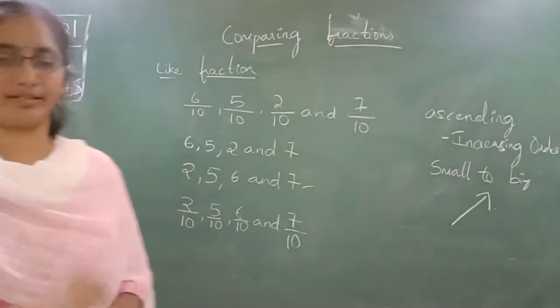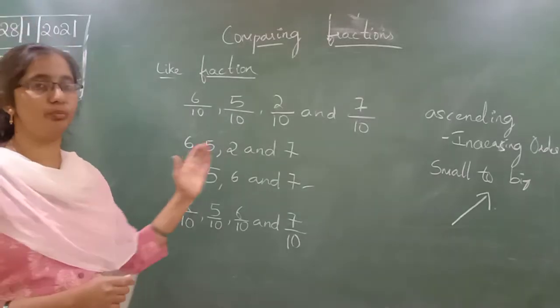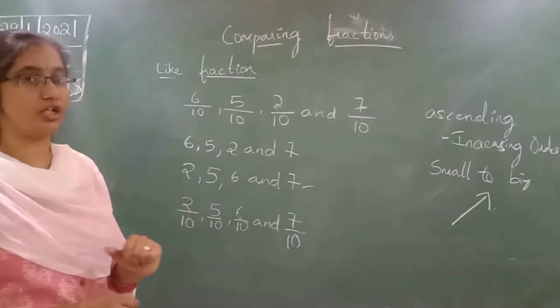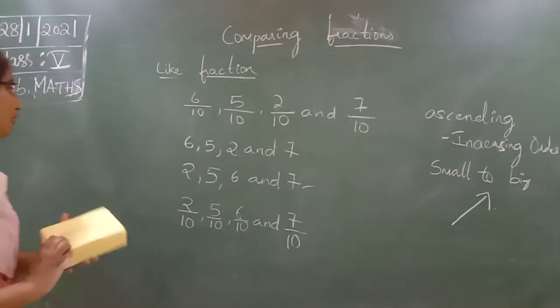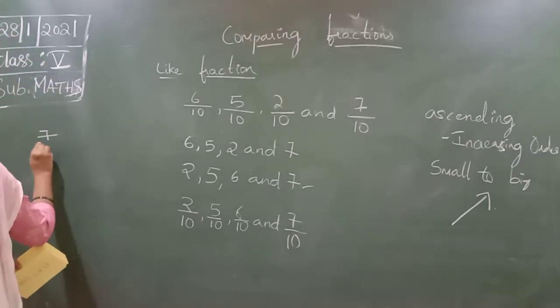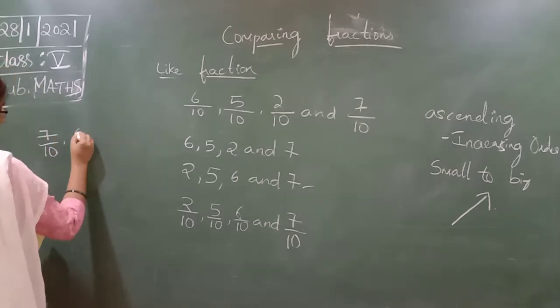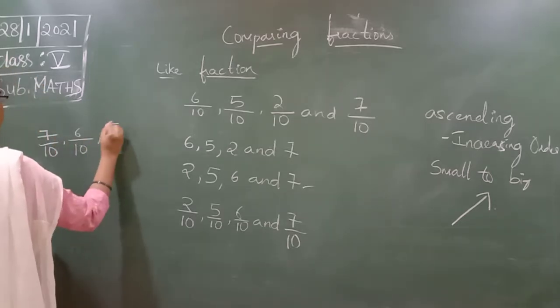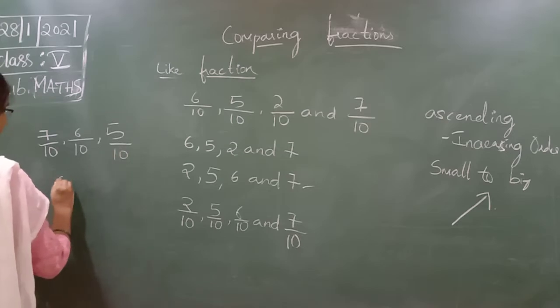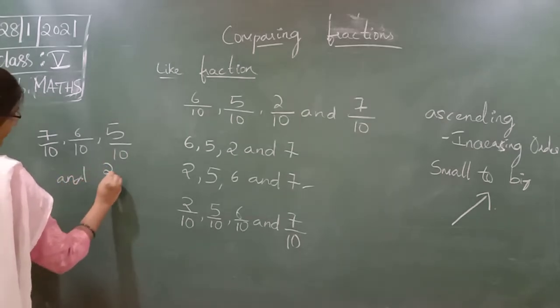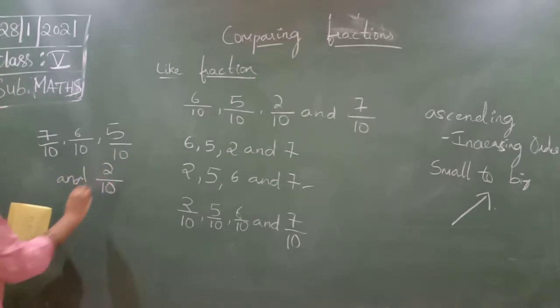Here it is ascending order, so I put small to big. If they asked big to small, then we go 7 by 10, that is greater to lower, 6 by 10, 5 by 10 and 2 by 10. This is the descending order.